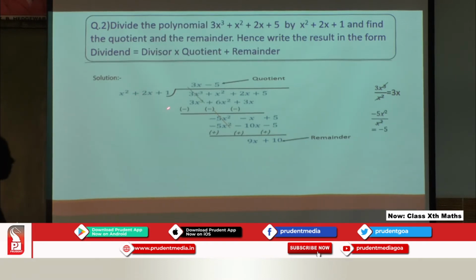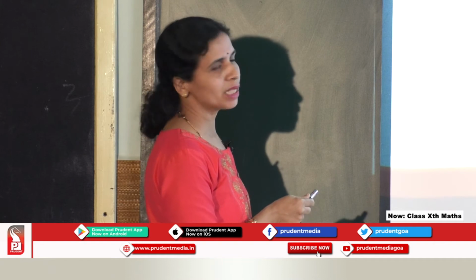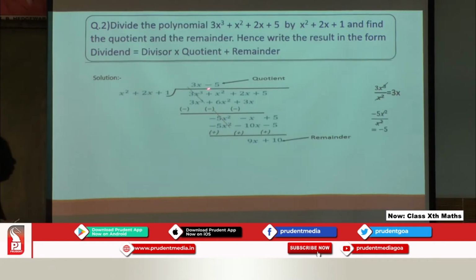The first term of the dividend is 3x cube and the first term of the divisor is x square. So the first term of the dividend, 3x cube, is divided by the first term of the divisor. After cancellation we got 3x and this 3x is the first term of the quotient.